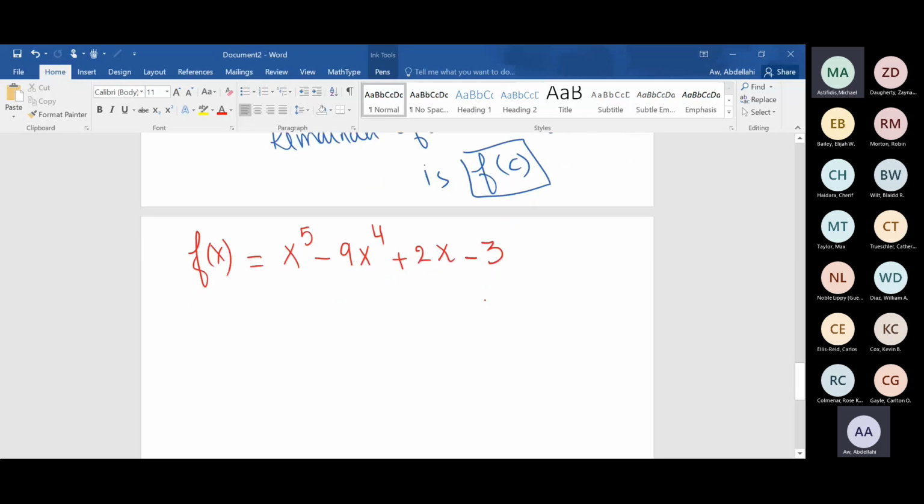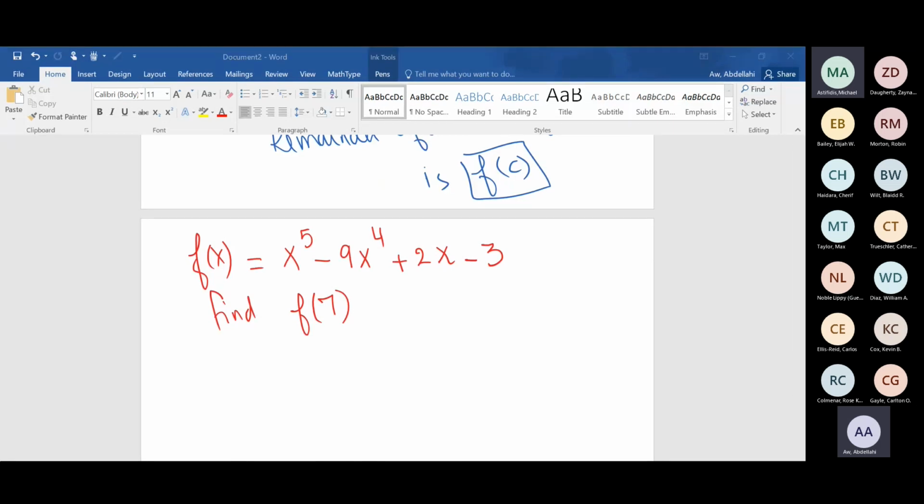I want to find f of 7, right? Find f of 7. Now, I don't have a calculator. If I don't have a calculator, you see how painful it is to do 7 to the 5th power? You see that? Okay? So what we're going to do rather is use synthetic division.